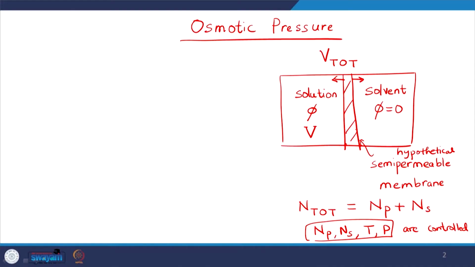So, if for example, the solvent wants to come here, since the liquid is assumed to be incompressible, the movement of the solvent must be accompanied by the movement of the membrane to the right, or we can say that V increases as solvent comes into the solution.